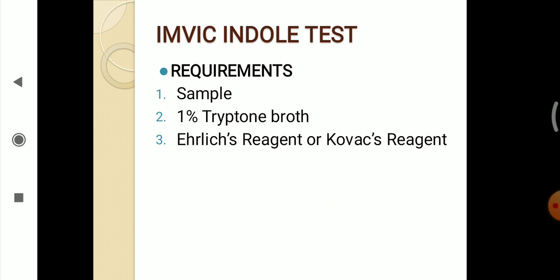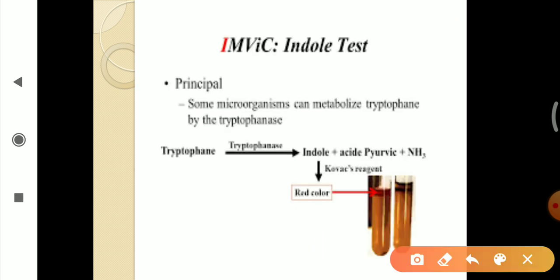Now we will see the principle behind this. As we know, indole is a benzyl pyrrole, a metabolic degradation product of the amino acid tryptophan. As we have taken 1% tryptone broth, the amino acid tryptophan is already present in our broth.